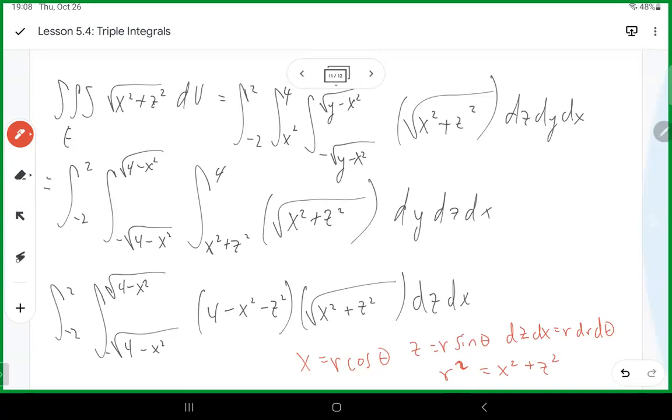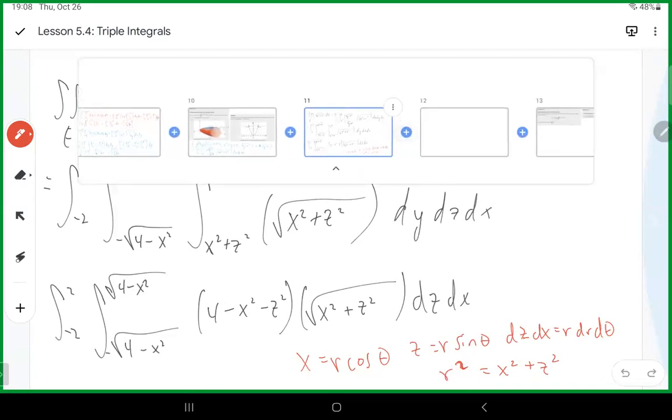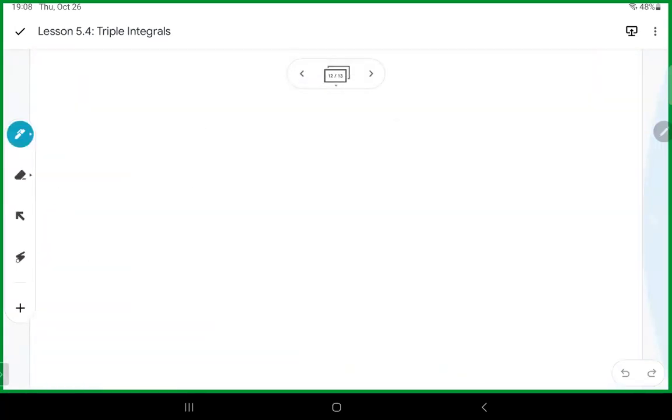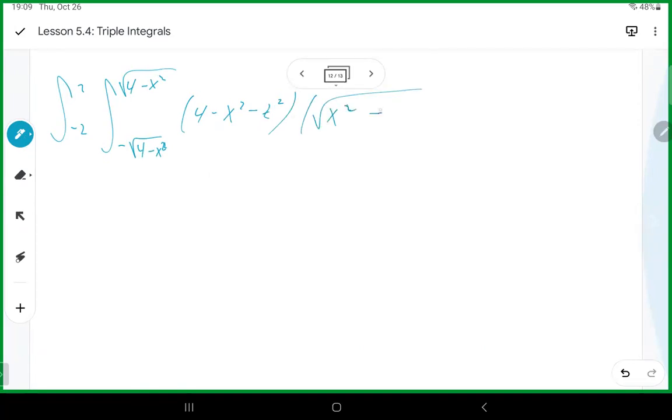All right. I had another slide. So, negative 2 to 2, negative square root of 4 minus x squared to square root of 4 minus x squared, 4 minus x squared minus z squared, square root of x squared plus z squared dz dx.